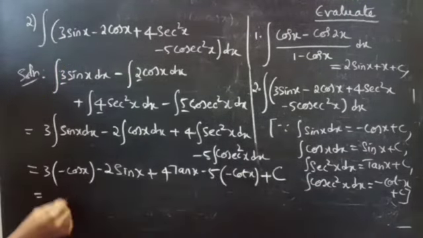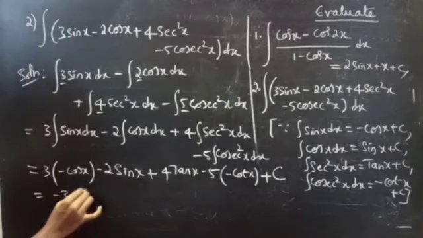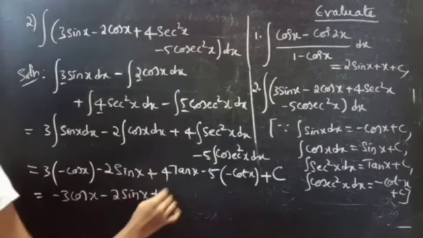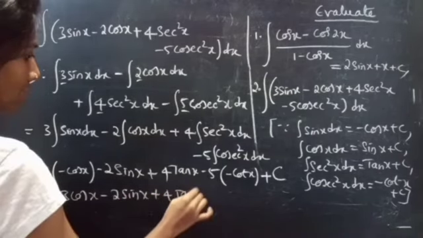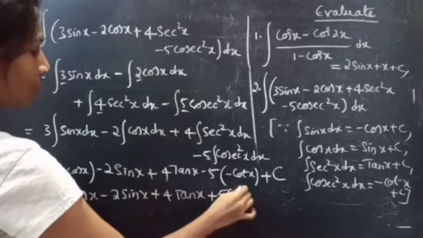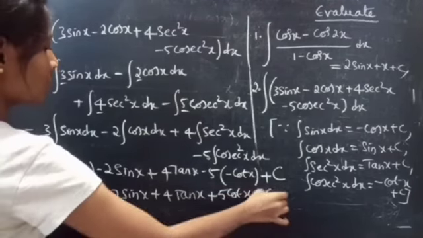So this equals minus 3 cos x minus 2 sin x plus 4 tan x, minus into minus gives plus, 5 cot x plus c.